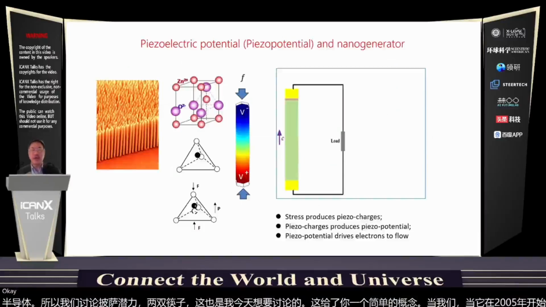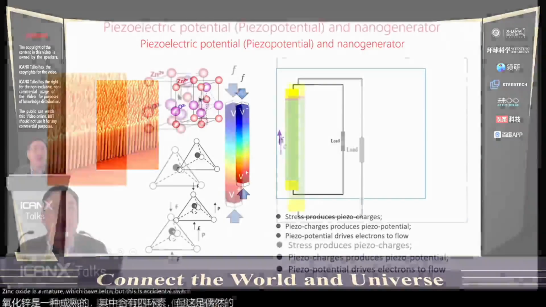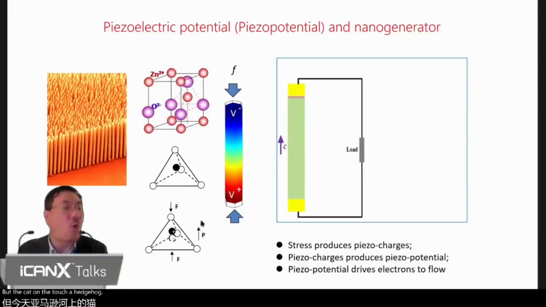What is a nano generator? Nano generators utilize the piezoelectric property of zinc oxide. Zinc oxide has a hexagonal wurtzite structure, but the cations and anions are tetrahedrally coordinated, so they do not have a central symmetry.